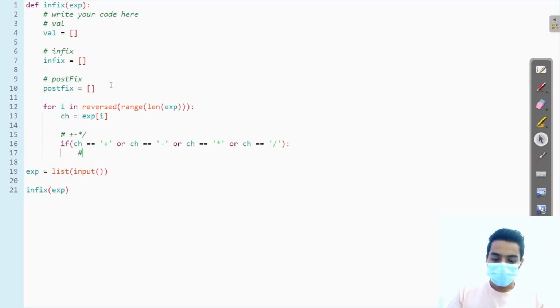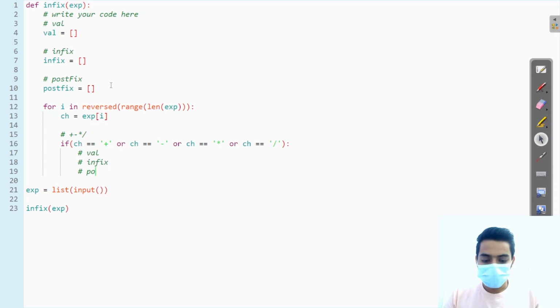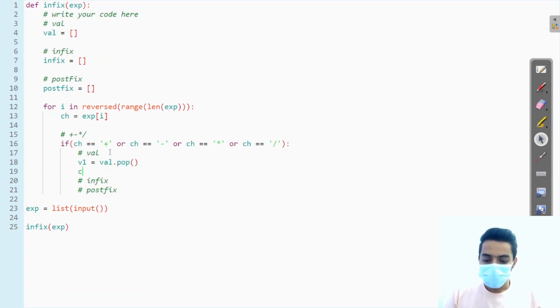we need to find the value first. After that, convert this into infix format. After that, convert this into postfix format. Okay. For finding the value, we get value 1 from val dot pop, value 2 from val dot pop. Okay.